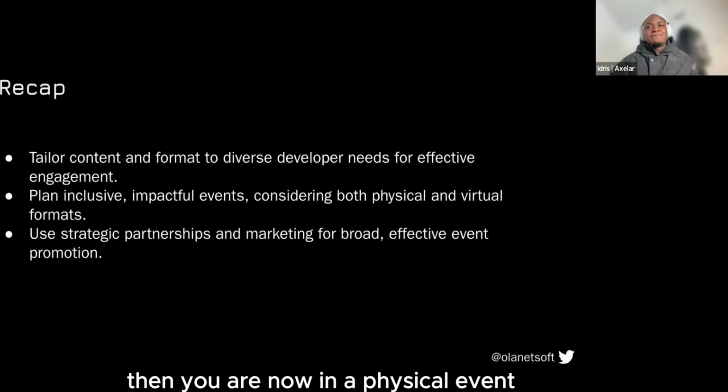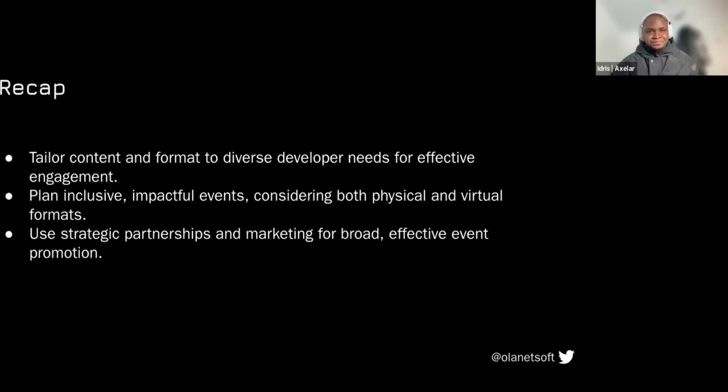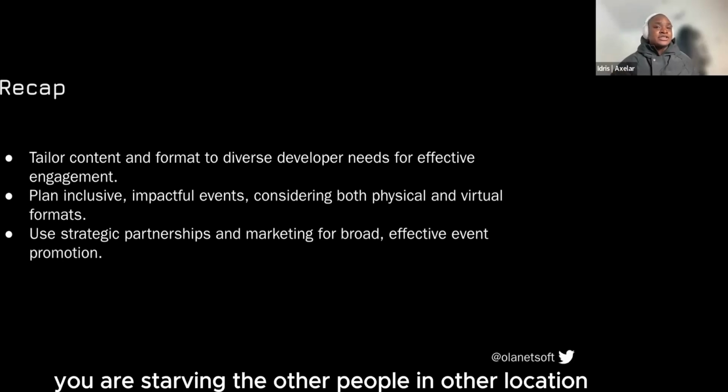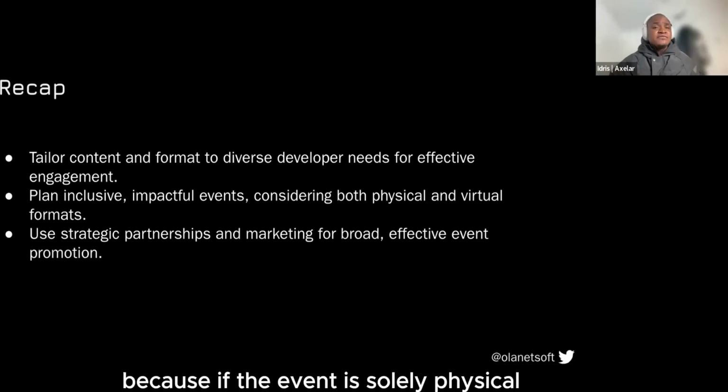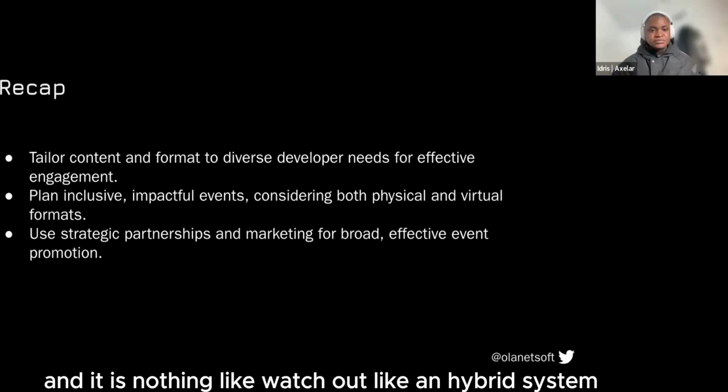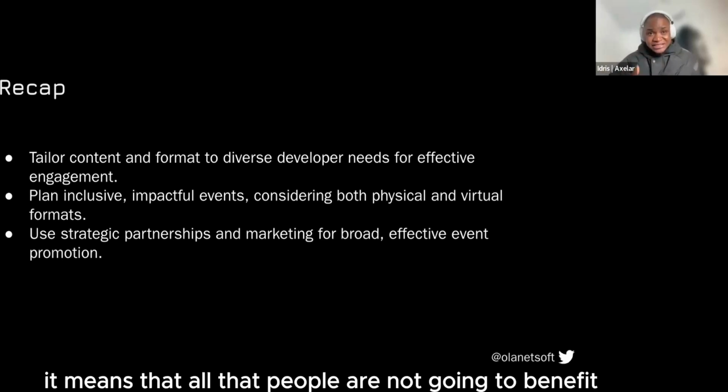Then you are now planning a physical event. Planning a physical event in a particular location means that you are starving the other people in other locations. Because if the event is solely physical and there's nothing virtual or a hybrid system, it means that other people are not going to benefit.